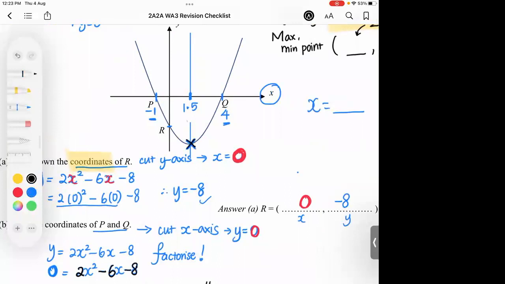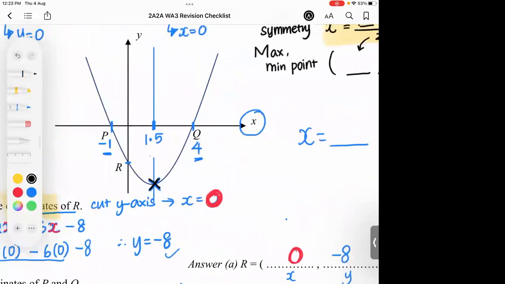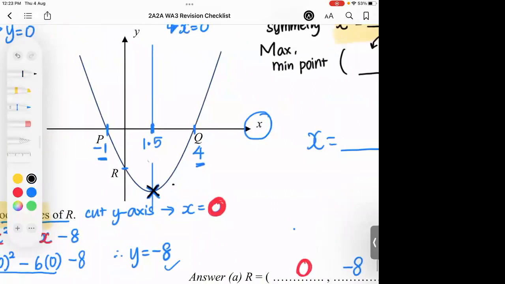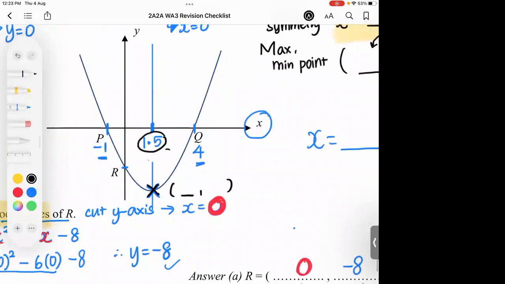When it's at this minimum point, what is my x coordinate? The x coordinate is the number 1.5. This x and that x are the same because it lies on the line of symmetry. They're on the same line. So I want to find the y value. What is this question mark?